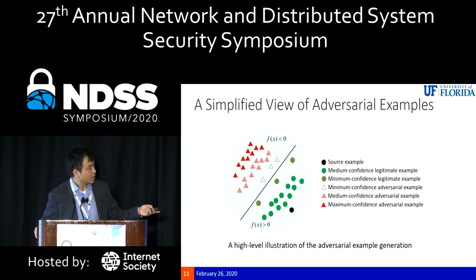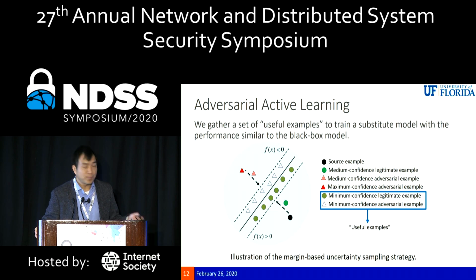But in order to steal this boundary, we realize that the best examples to help us identify the boundary are those we call the low or minimum confidence data. Because they are minimum confidence, they are very close to the boundary.